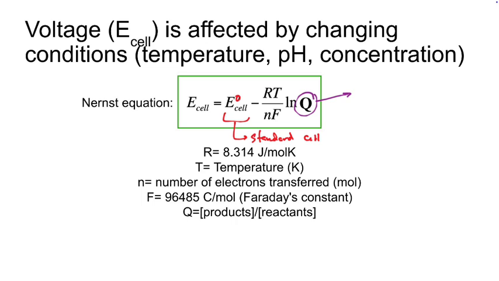K is not 1. The rate of the forward equals the rate of the reverse, which means what's the net electric flow? 0. Which means if we were at K, what happens to our non-standard cell potential? It's 0.